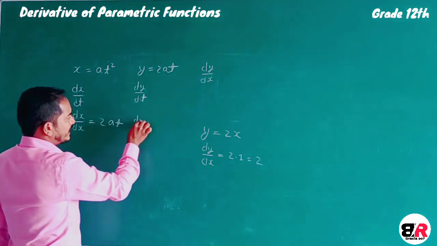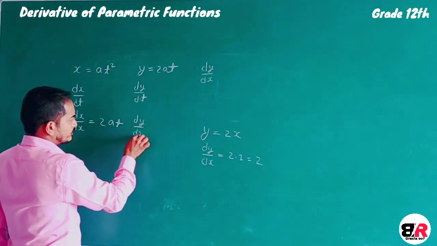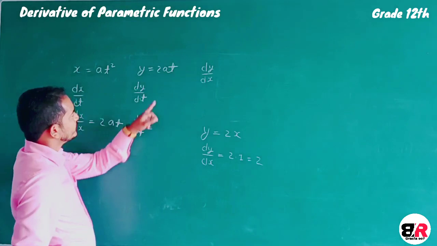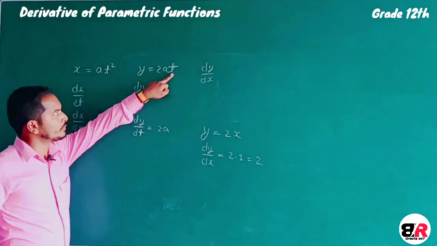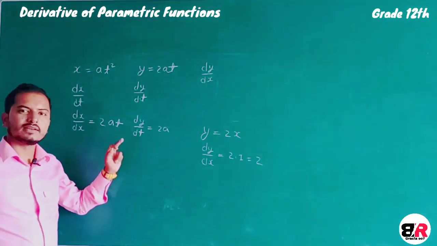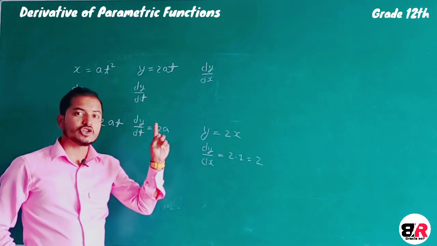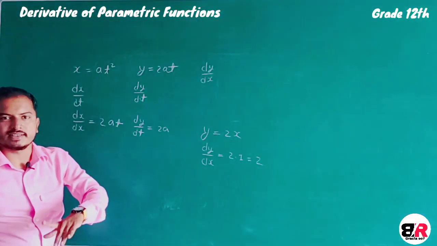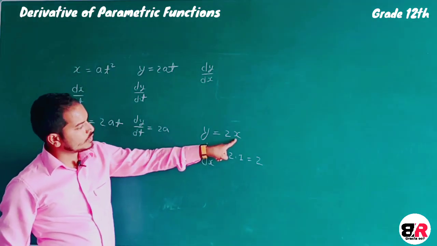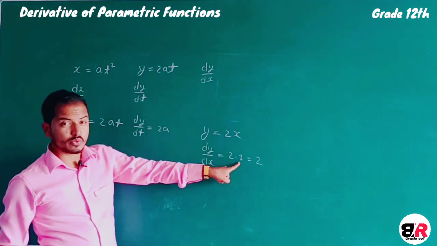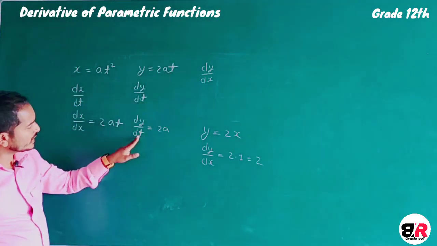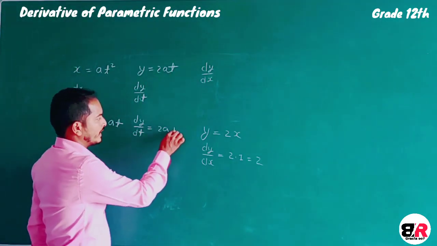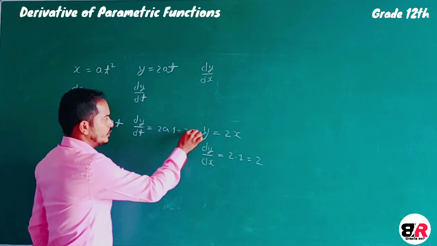Here dy by dt is equal to 2at, 2a is constant and differentiation of t with respect to t is 1, as differentiation of x with respect to x is 1. Similarly here differentiation of t with respect to t will be 1. It means it is 2a.